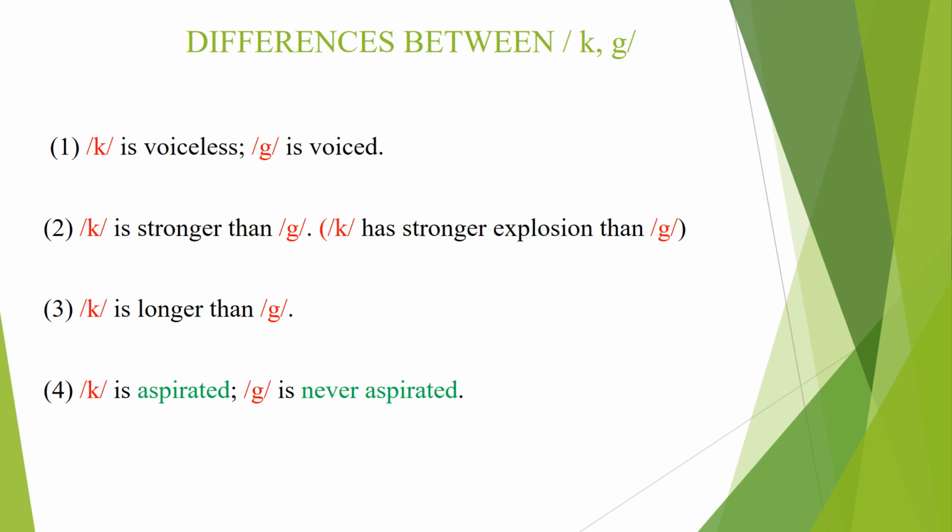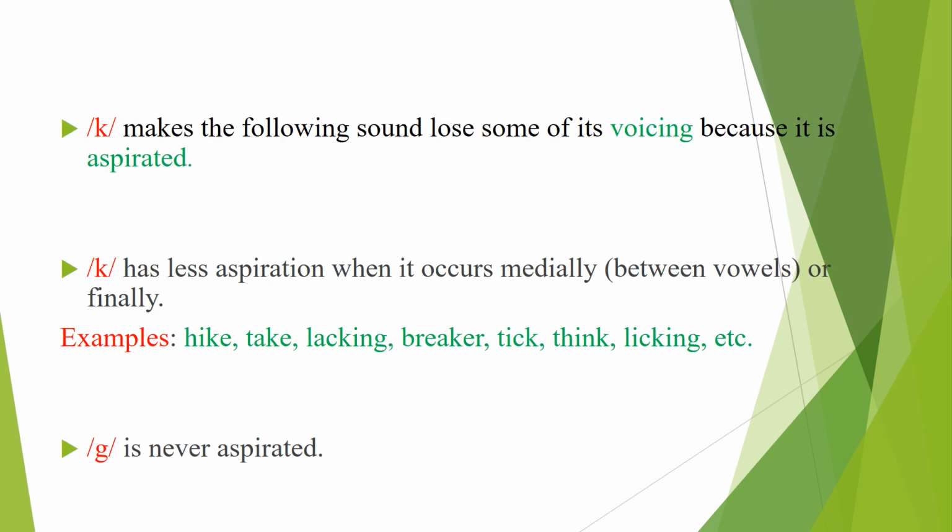Differences between k and g. K is voiceless, g is voiced. K is stronger than g. K is longer than g. K is aspirated, g is never aspirated. Just like p and t, k makes the following sound lose some of its voicing because of the aspiration.